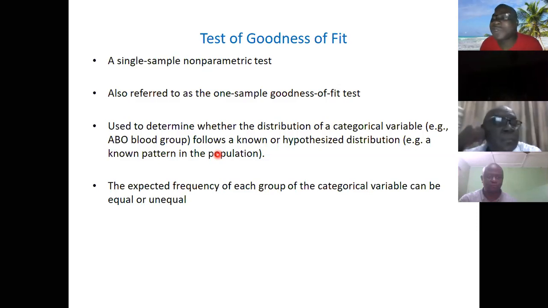The hypothesized distribution is maybe just the pattern in the population. Maybe they have done it in the city of Lagos, where for years they have taken blood samples from the population and established the percentage that is A, the percentage that is B, AB, and O. Everything adds up to 100%.